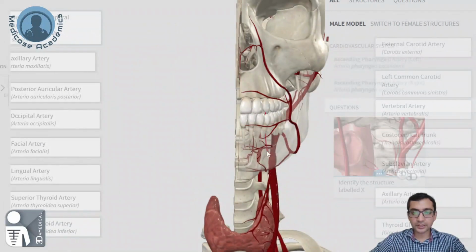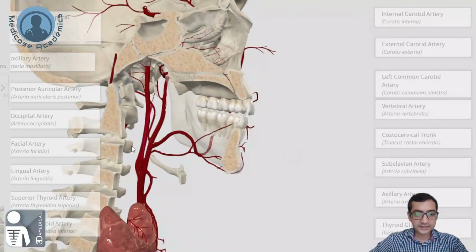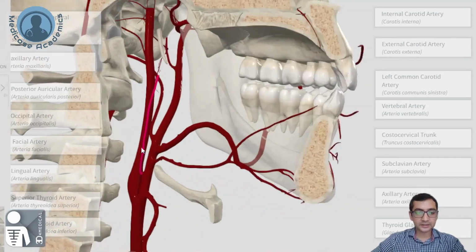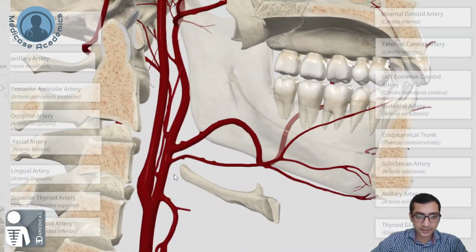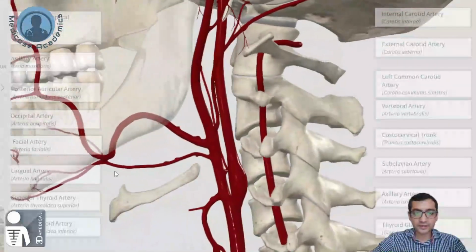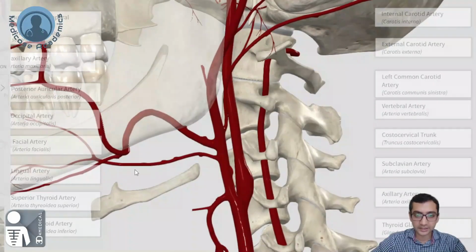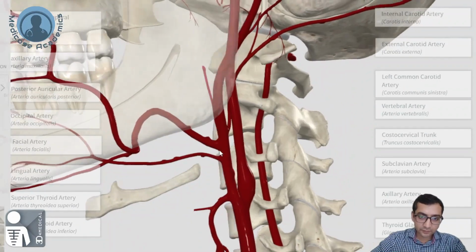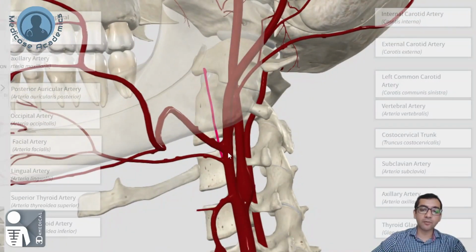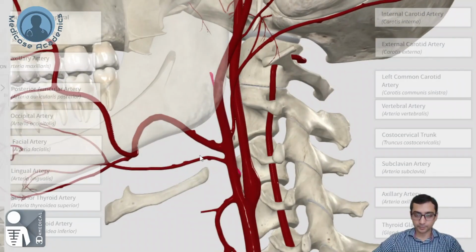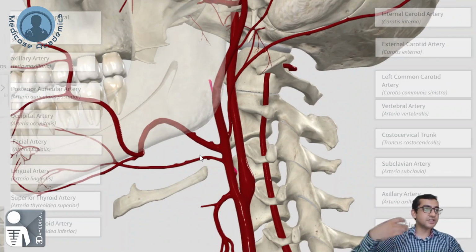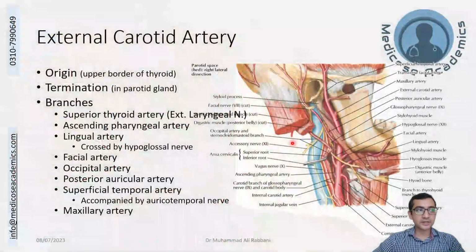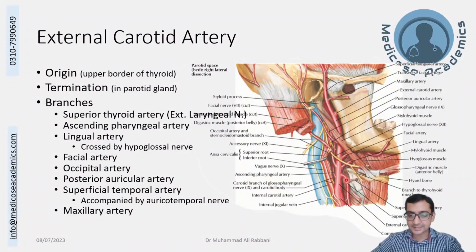It is not very easily seen in the atlas because it is totally on the medial aspect, going up the pharynx. So it is basically hidden by the external carotid artery. If we look from here, you can see it going upwards behind the external carotid artery. It originates from the medial aspect, and that is why we are not very much able to see it. So here you can see just the origin point: ascending pharyngeal artery, superior thyroid, lingual, facial, and here.